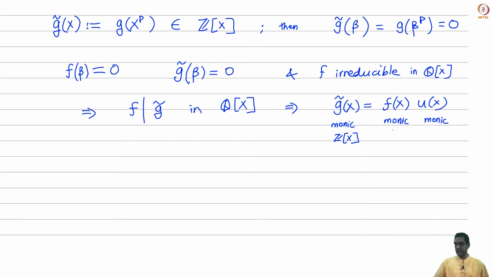So this is in Z[x], and therefore by that lemma both f and u are automatically in Z[x]. I already know f is in Z[x], so the only new information is that u of x is in Z[x]. Good, so now this is the equation that I want.